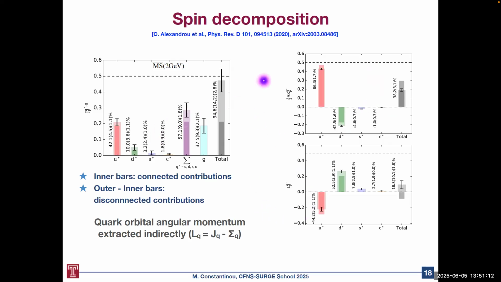And also by comparing the intrinsic spin and the total spin, we get information on the orbital angular momentum. Maybe Yoshitaka mentioned this, that for orbital angular momentum, there is not a good operator if you do a gauge invariant decomposition to give you that component. However, if you know the total spin and the intrinsic spin of quarks, you can find the quark orbital angular momentum. And I'm talking about the quark spin here.